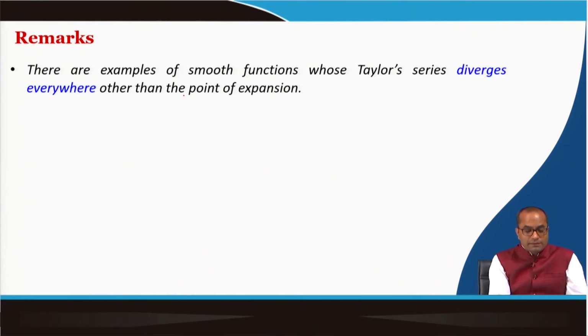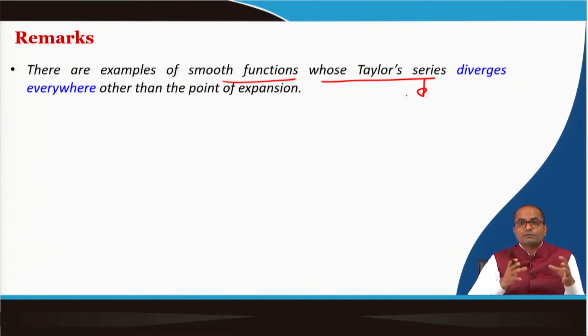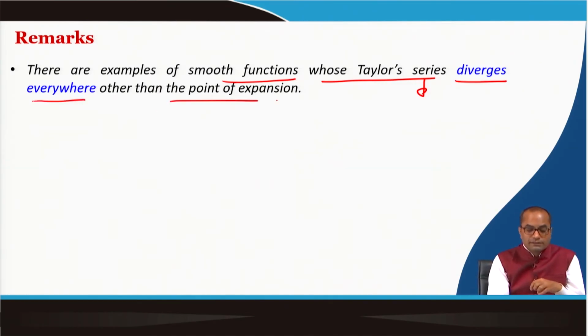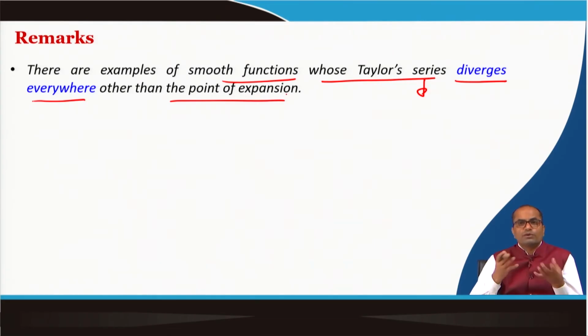There are many examples of smooth functions. The things are a little complicated, because if we write the Taylor series, we are talking about a series, and there is a question whether that series converges or not. There are several examples of smooth functions whose Taylor series diverges everywhere other than the point of expansion, because at the point of expansion you will always have equality.